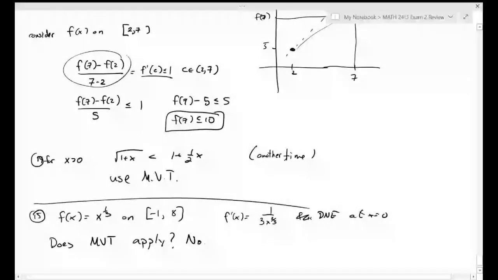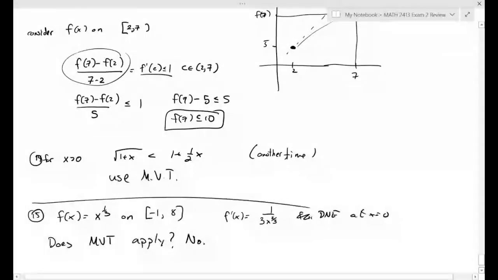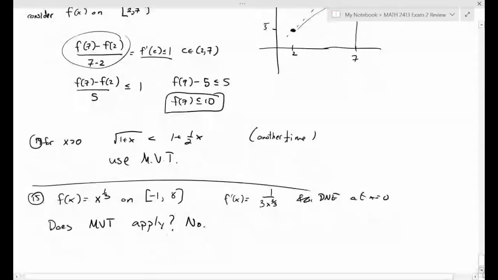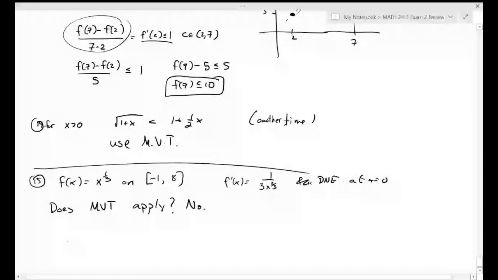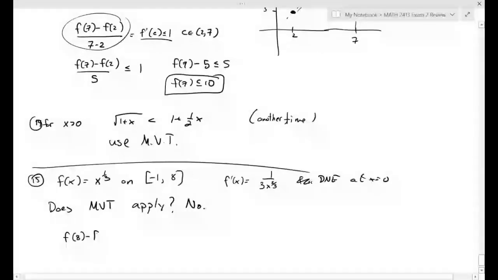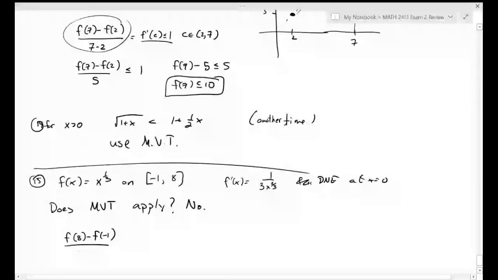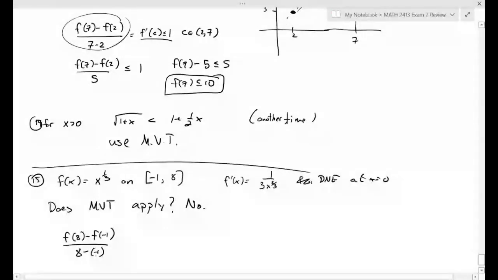However, could there still be a point where the derivative is equal to the slope of the secant line? Maybe. There's nothing stopping it, right?